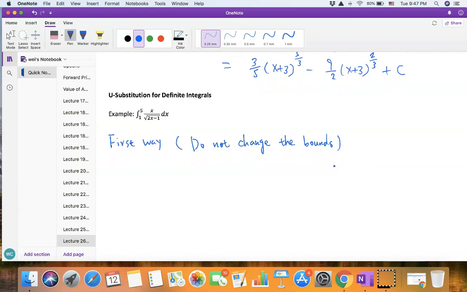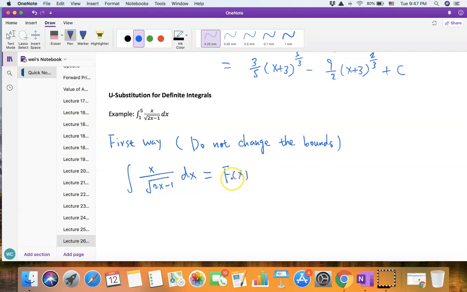Okay, so the first step is we solve for this indefinite integral. So we're trying to find what is the antiderivative. Suppose that it's a function capital F(x), right?